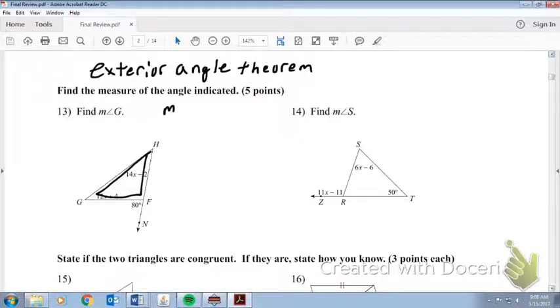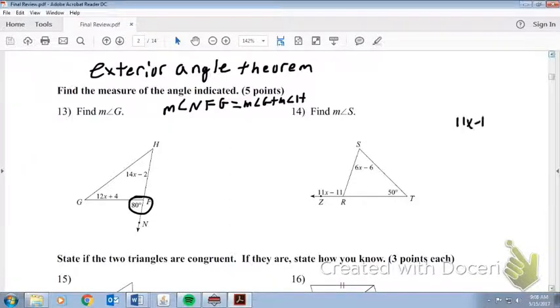So if we have an exterior angle, then we know that the outside angle equals the sum of the two interior angles. So here we're going to say that NFG equals G plus H. So that exterior angle is going to equal the sum of the two inside.